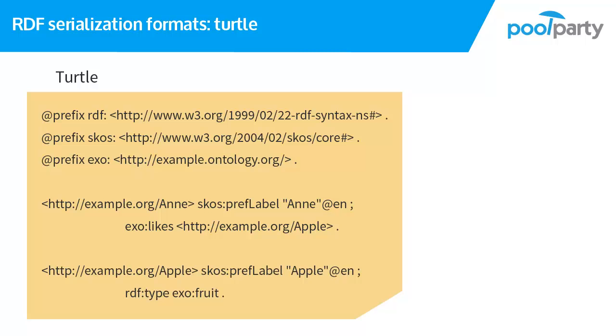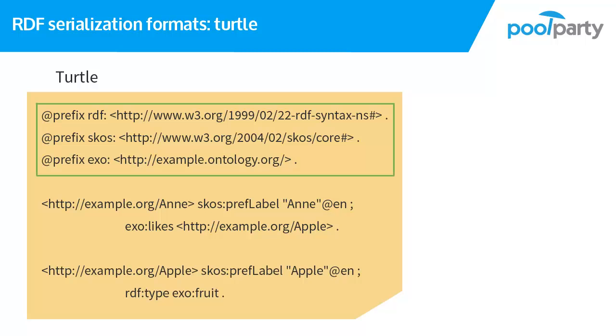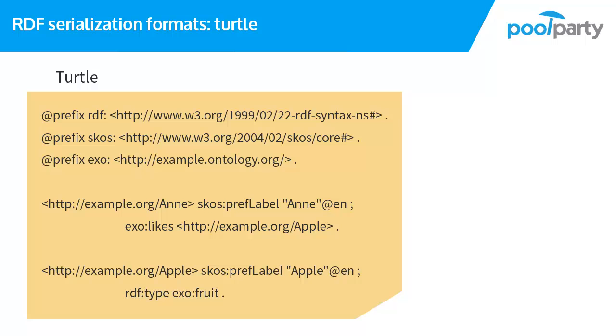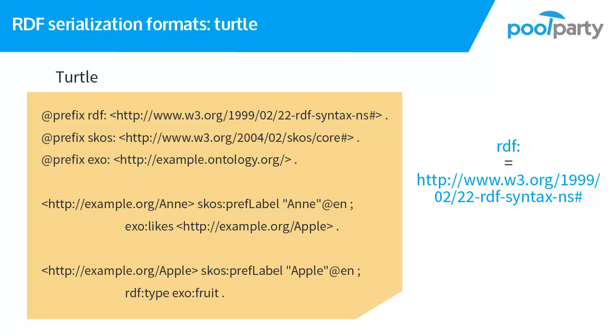Another thing we notice is that the file starts with prefixes. Using prefixes makes the resulting file smaller and easier to read. You can think of the prefix as a variable. You say that with RDF:, you really mean http://www.w3.org/1999/02/22-rdf-syntax-ns#.